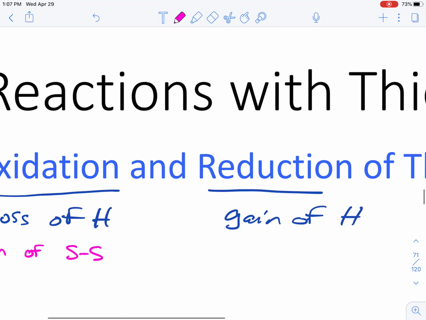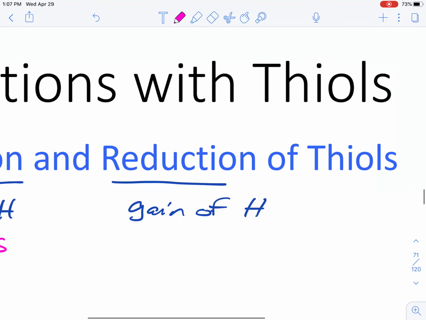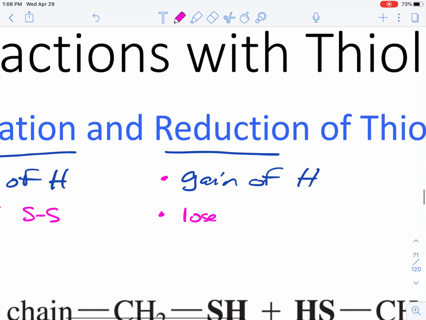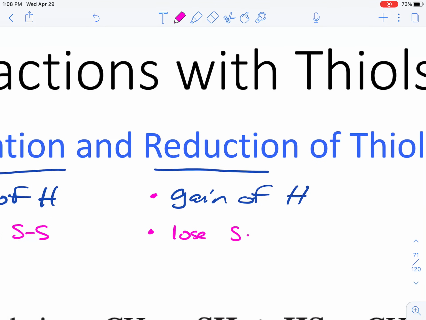And so when a reduction of thiols occurs, you're going to gain hydrogens. However, you're going to lose a covalent bond connection. Gain or lose. Okay. So here you're going to lose that covalent bond between those two sulfur atoms.